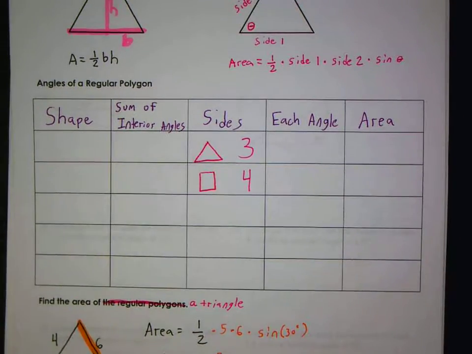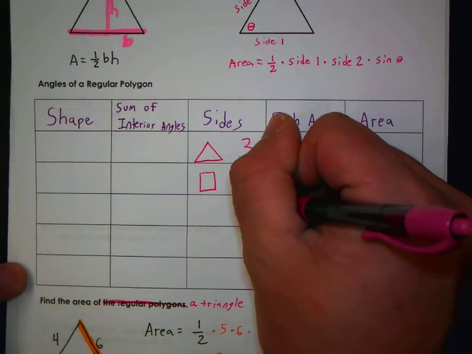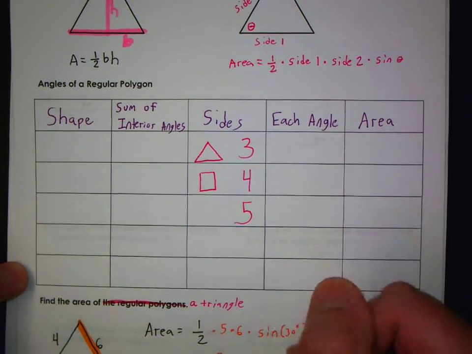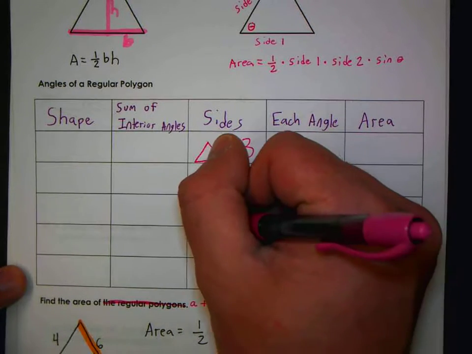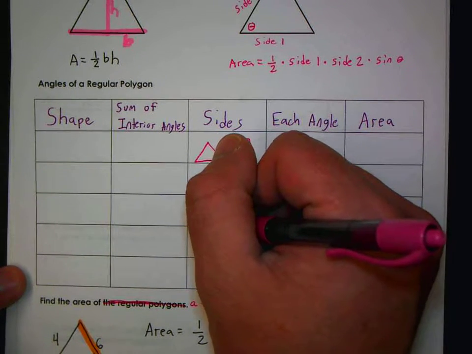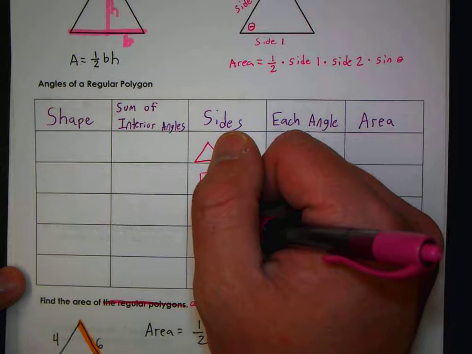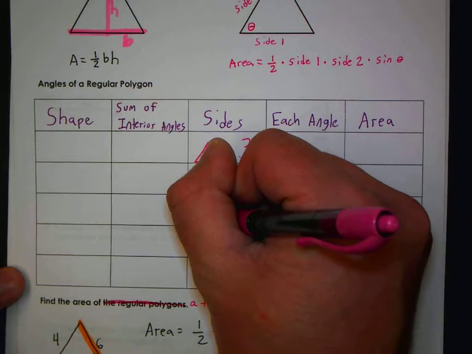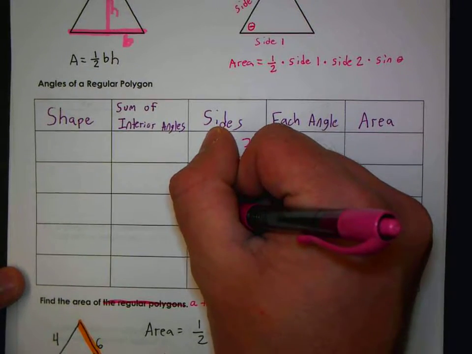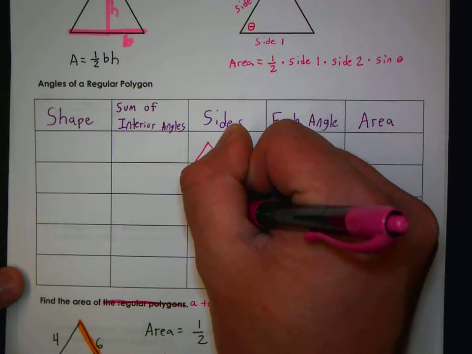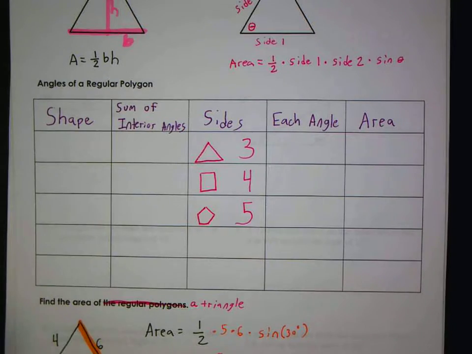A 5-sided shape, anyone know what that's called? So I'm very bad at drawing. So usually you're like this, this, this, this. It's not too bad.